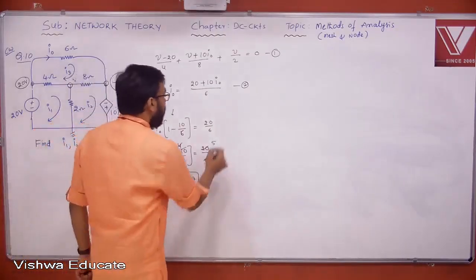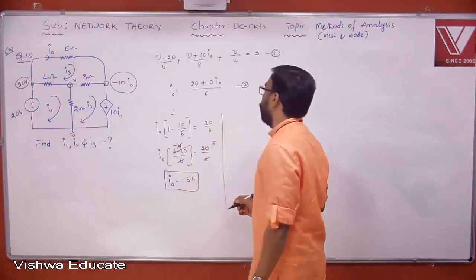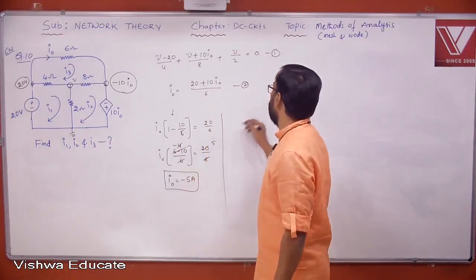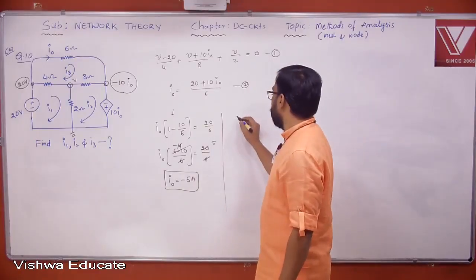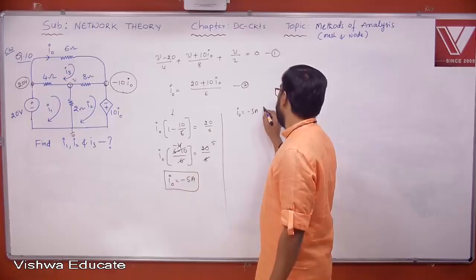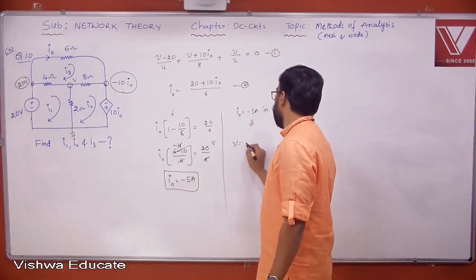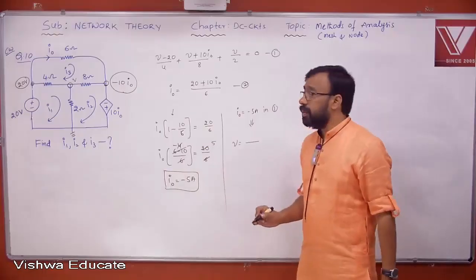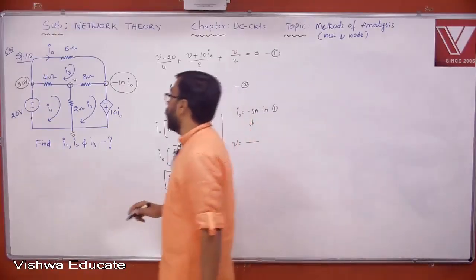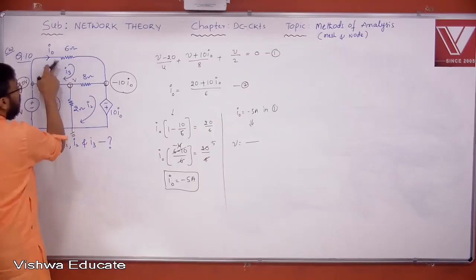What is actually V value? What do you get V value here? So if you substitute this in this particular equation, okay, I naught is equal to minus 5 ampere. In equation 1, if you substitute, you get V value. Yes or no? So once you get V value, then later we'll think about what is I1, what is I2, what is I3. But in fact, in this context, I3 is same as what?